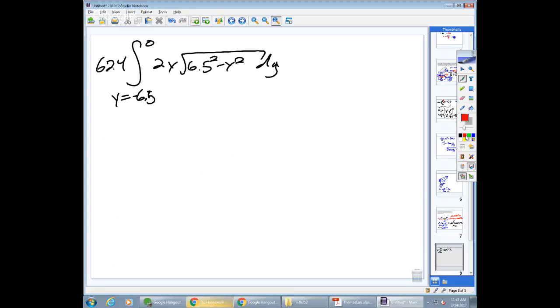So if we let u equal, no square root, just the inside, 6.5 squared minus y squared, then du should be negative 2y dy. And all we're missing is the negative. So the opposite of du should be 2y dy.